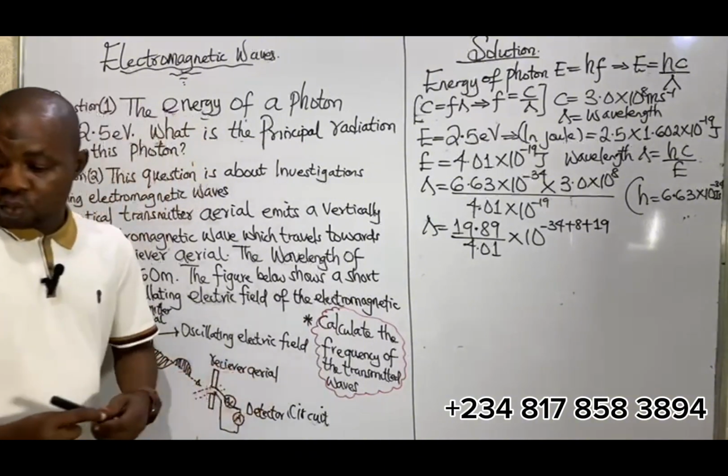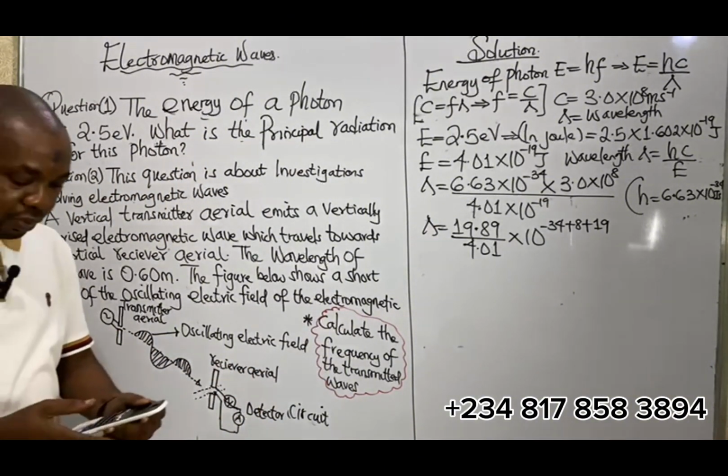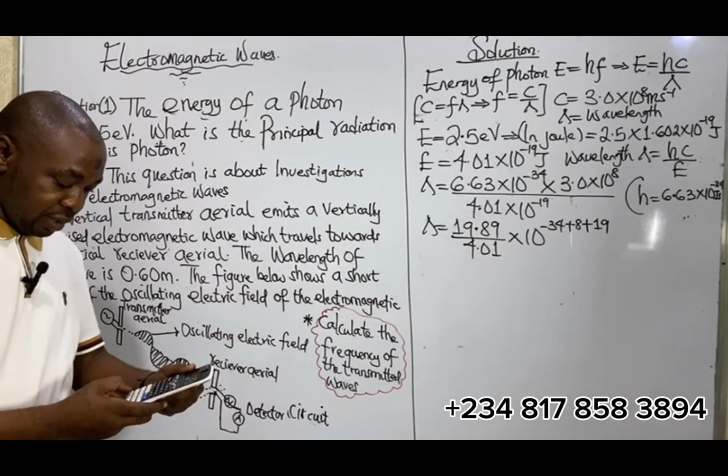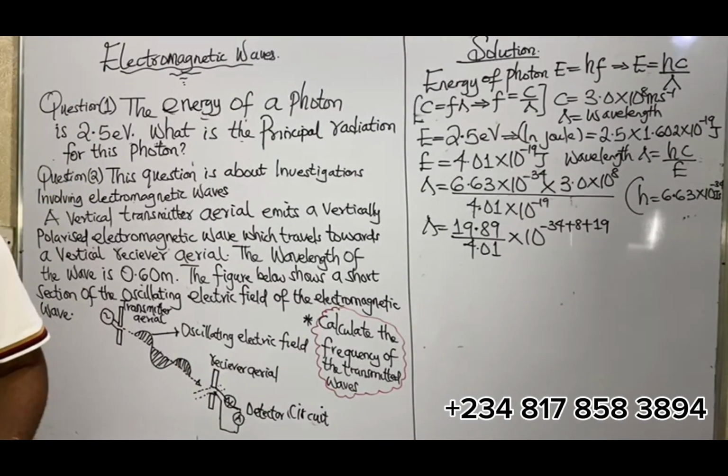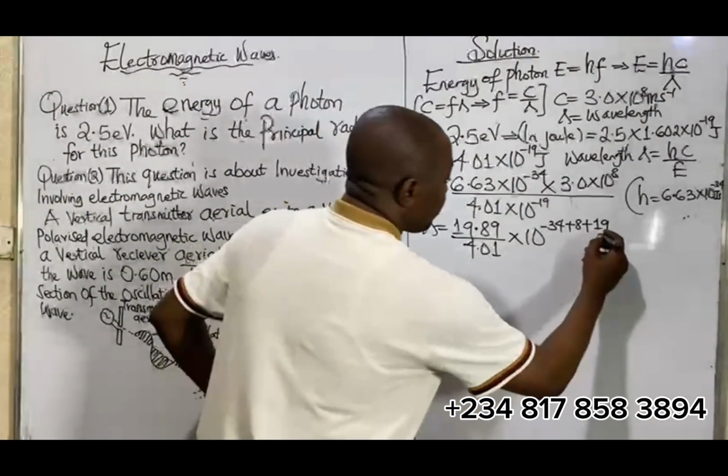Dividing 19.89 by 4.01, we obtain 4.96. Remember, this is in what?